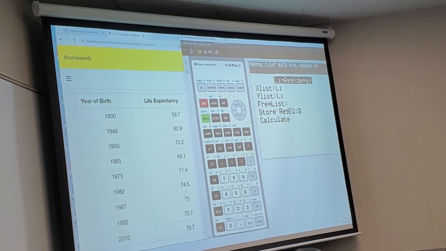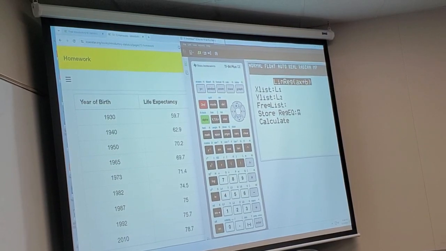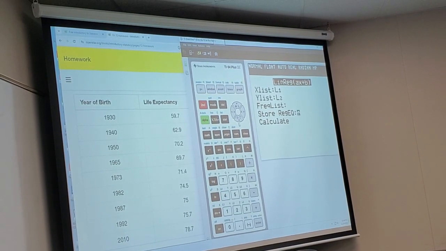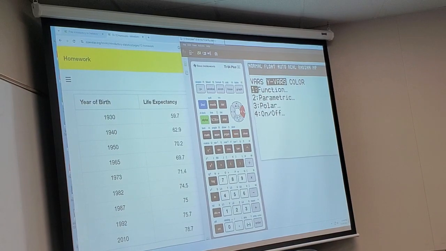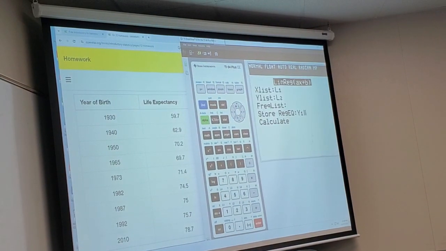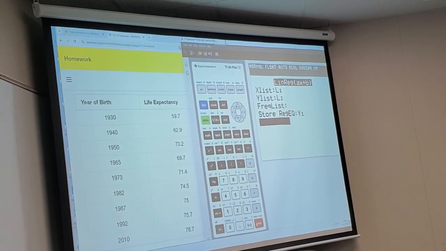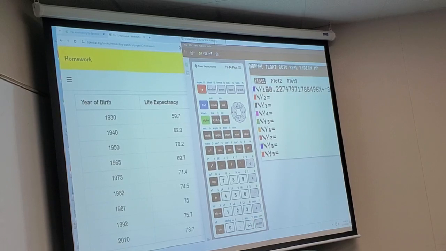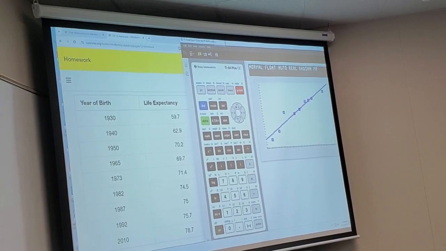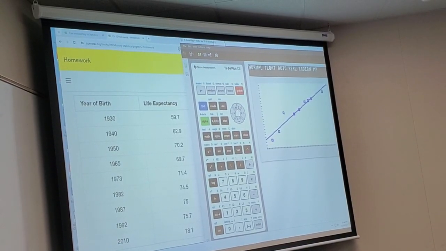So if we hit store regression equation, if you hit distribution right here, if you hit vars, y vars, so this is y variables, function y1. So it's going to store the equation in y1. So when I do this now, if I go to y equals, it's got a lot of decimals in there. So now when I graph it, it's going to be spot on.